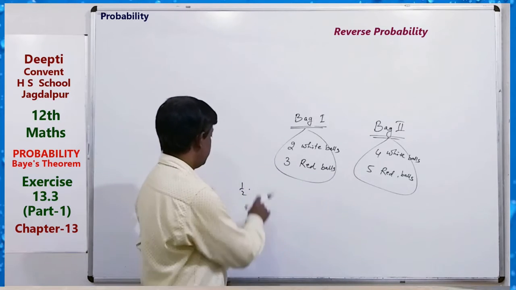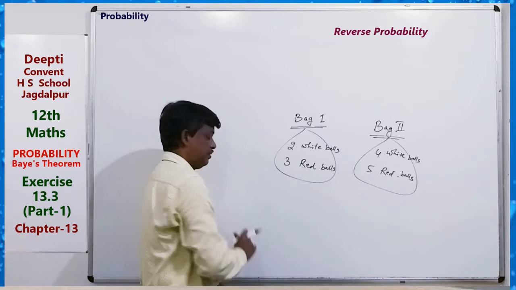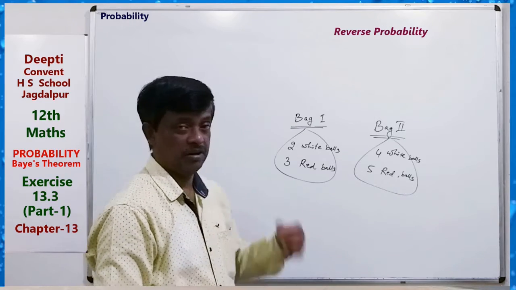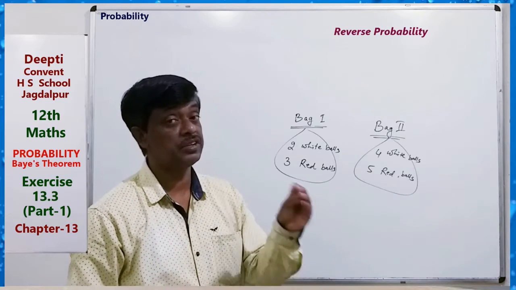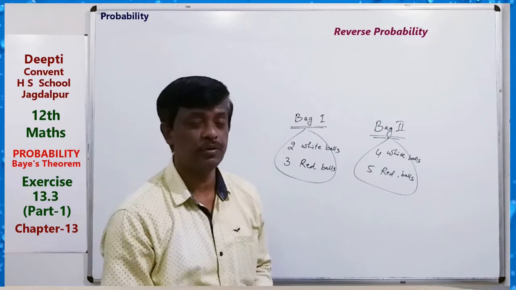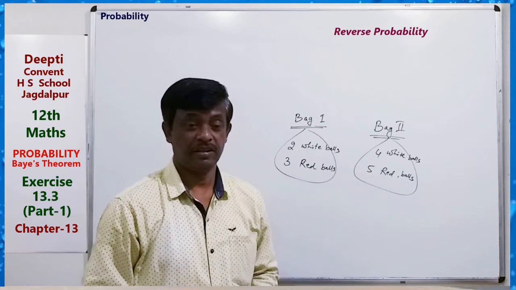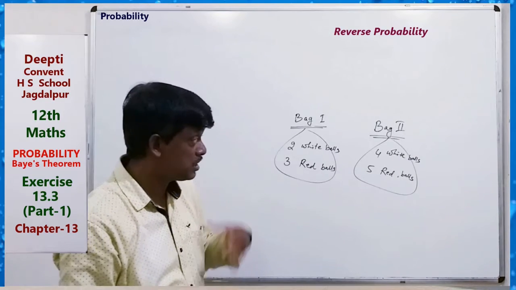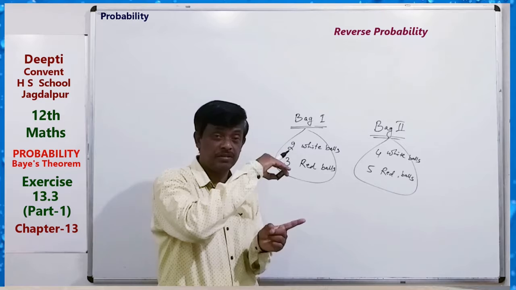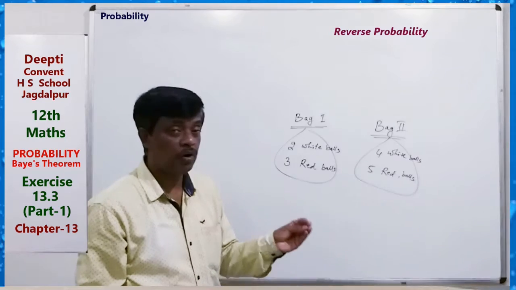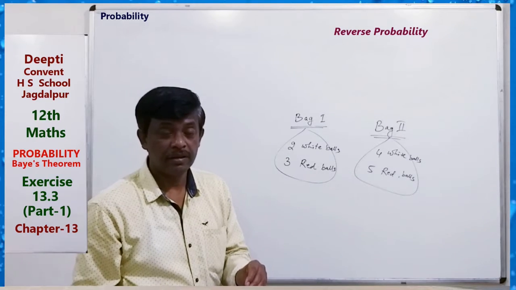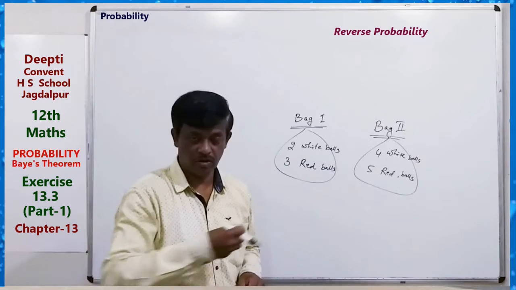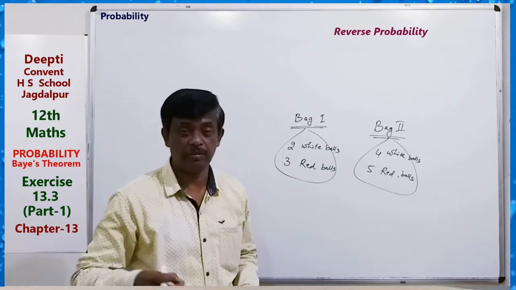But if the drawn ball comes out red, what is the probability that the red ball comes from the second bag, or from the first bag? In the first situation, we drew the ball after selecting a bag: select the first bag and draw a red ball, or select the second bag and draw a red ball.